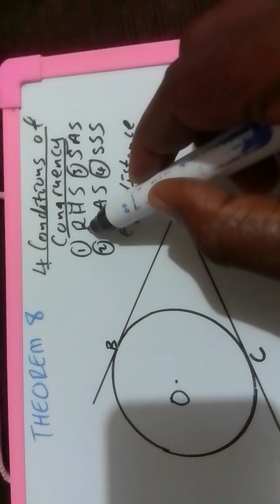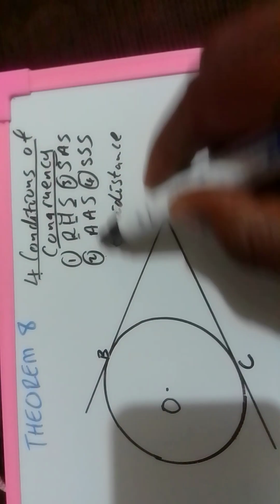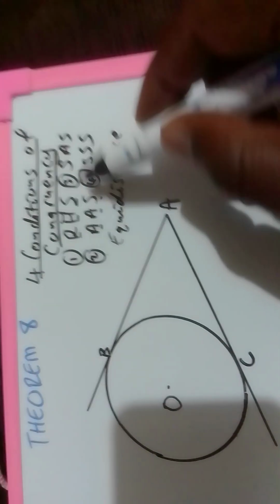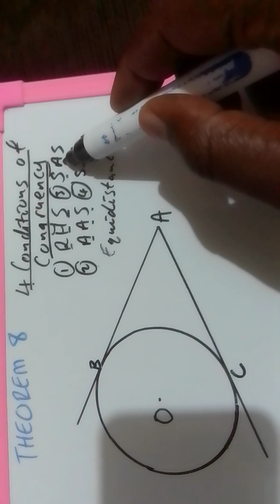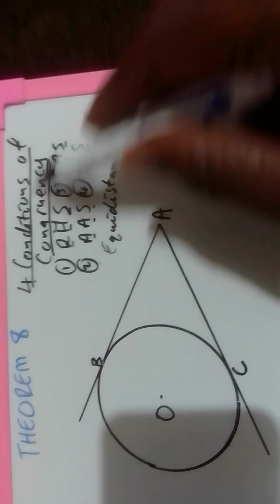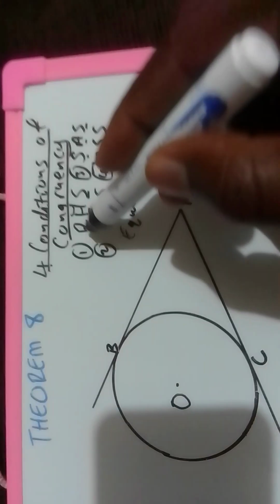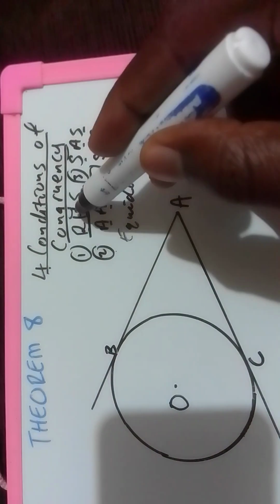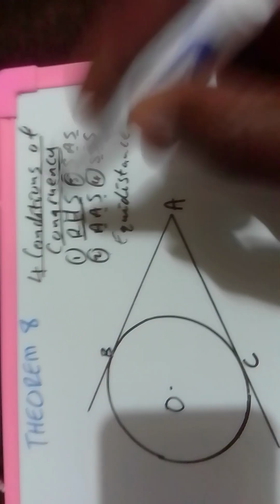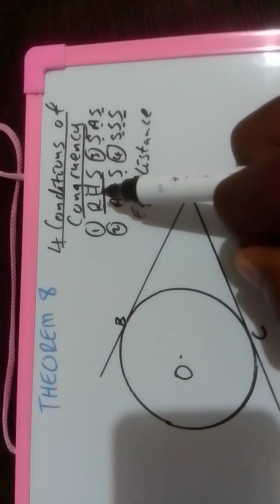RHS simply represents right angle, hypotenuse, and any other side. Condition 2, angle, side, angle, or condition 3, side, angle, side, or side, side, side, right? So when I'm going to solve this, I'm going to choose the first condition of right angle, hypotenuse, and any other side. But I'm talking about a right angle, I'm talking about a hypotenuse.